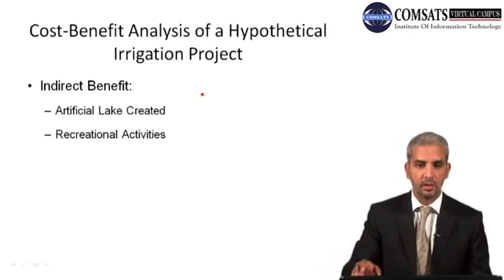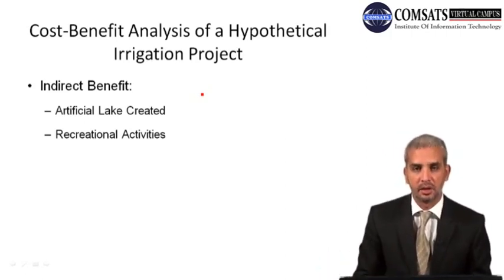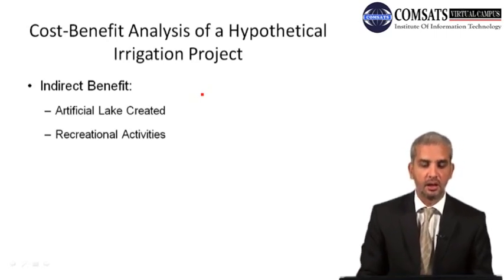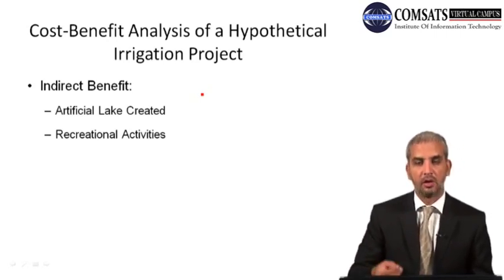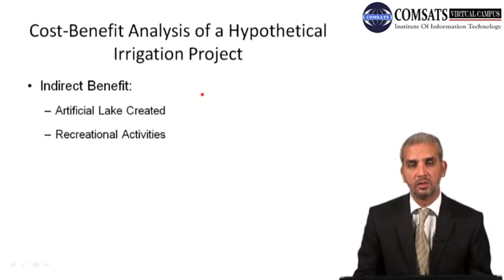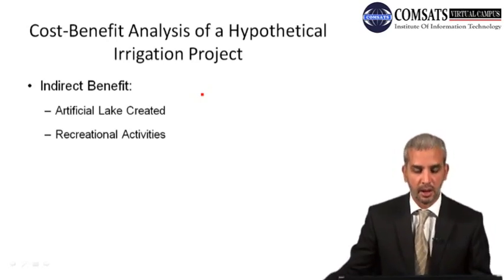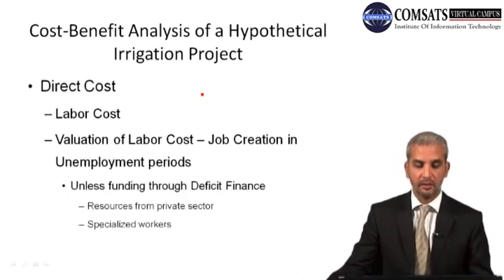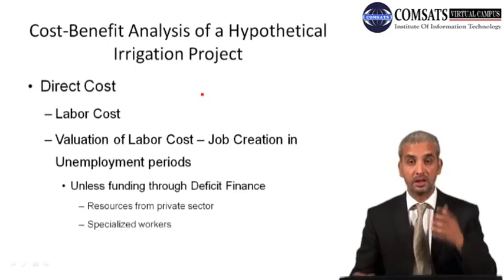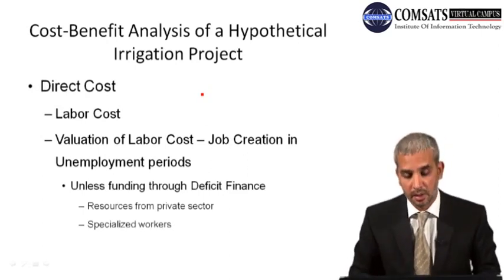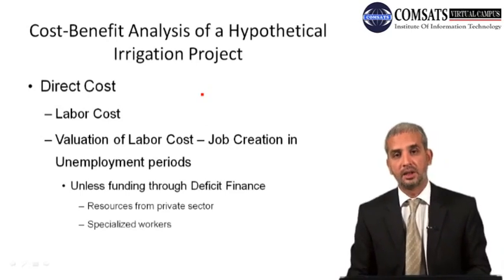And when those are discounted at a social discount rate, we can have a quantitative analysis of whether to accept or reject that project. So then we come to the direct costs for that hypothetical irrigation project.